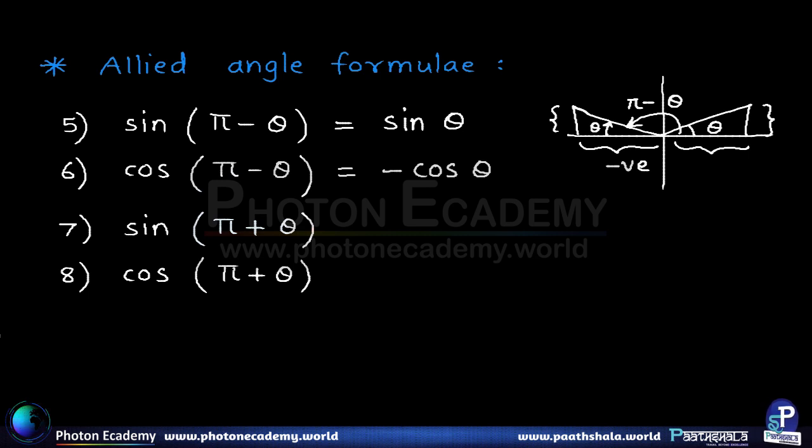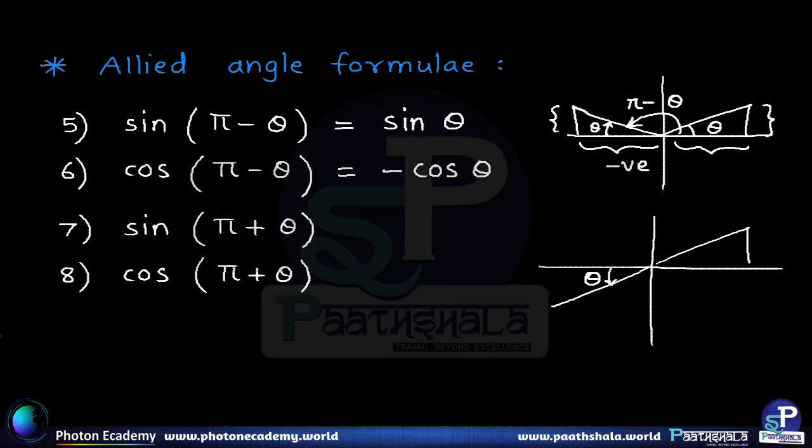Now if you think of the angle pi plus theta, that means you have to go beyond pi, correct, with a measure of theta. So you still consider the original triangle in the first quadrant. You will clearly see that these two triangles formed are once again congruent triangles.